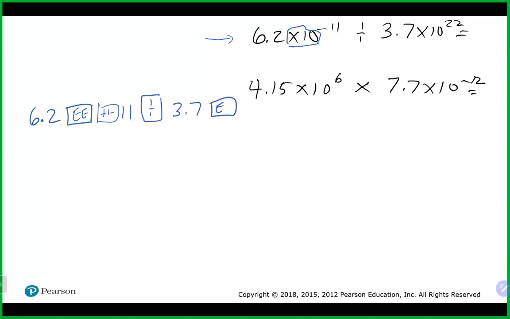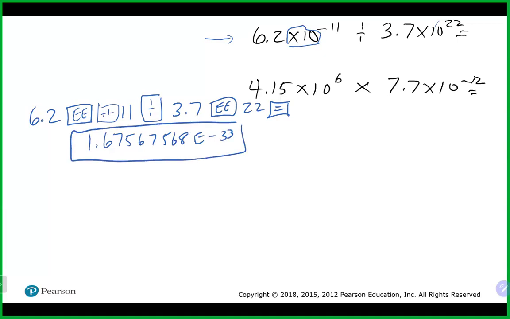Once again, exponent button, and that looks like a positive 22. And you hit equals. Now on your display, you might have something that looks like, all right, what's on mine? 1.675675668 minus 33. So that is what my calculator basically spit out on my screen.